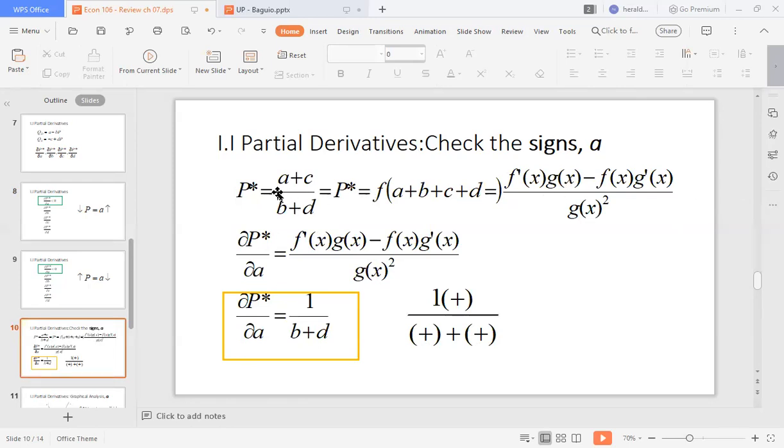Okay, we started off with our equilibrium values. So for P, P star is equal to A plus C over B plus D. Again, we can treat our parameters as variables.